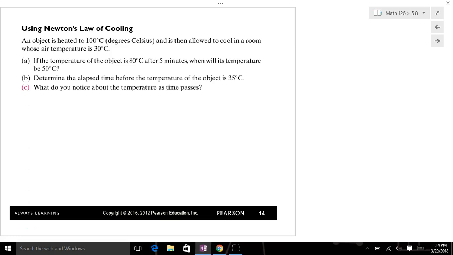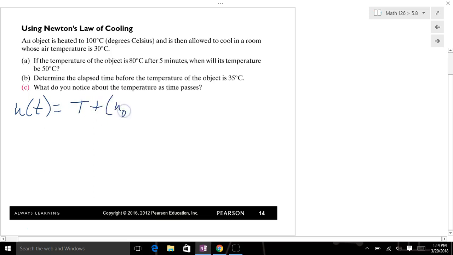If the temperature of the object is 80 degrees after 5 minutes, when will its temperature be 50 degrees? So we're going to use this formula, U of t equals T plus U subscript 0 minus T, e to the kt.